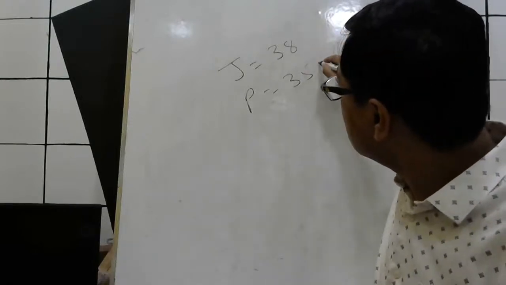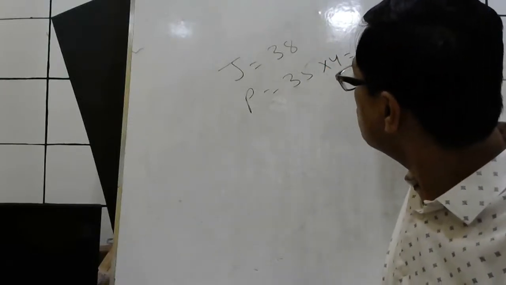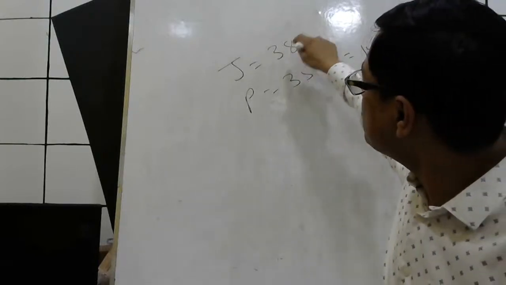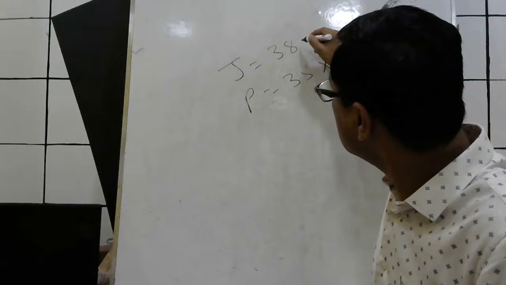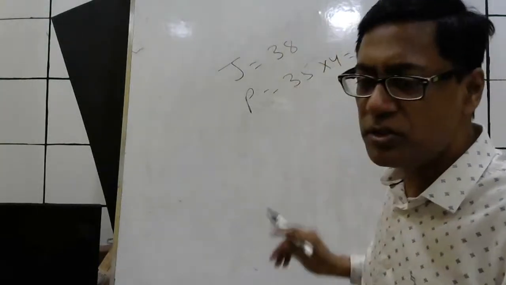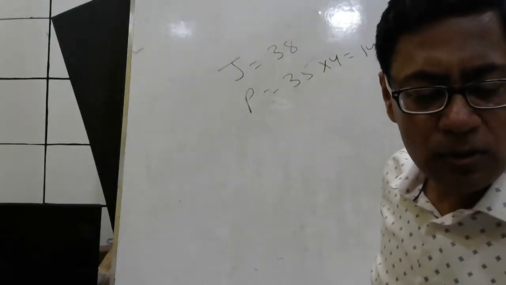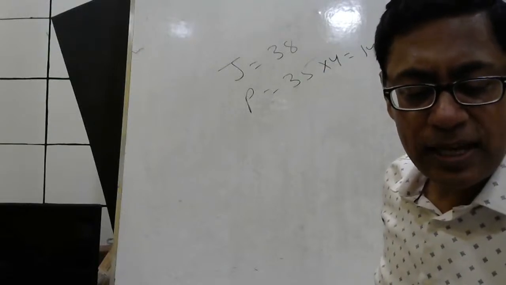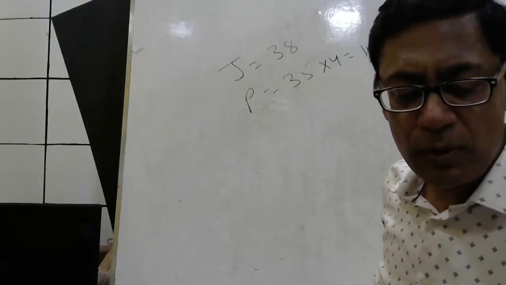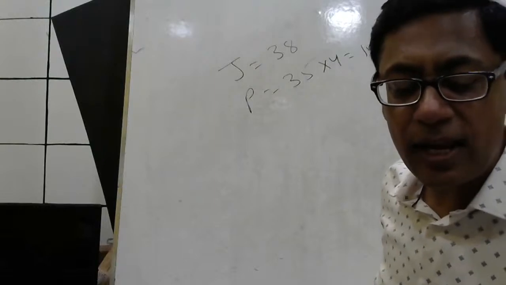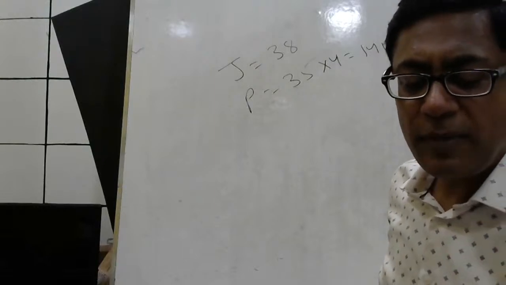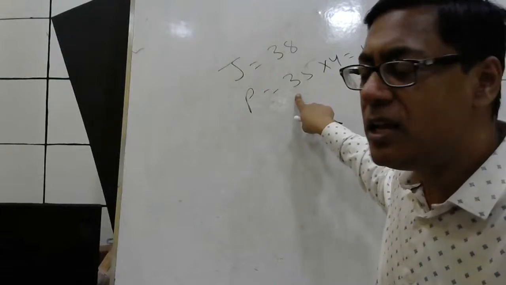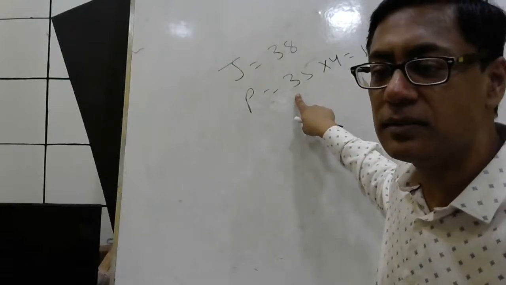So let's understand, 35 into 4 is 140, right? And here, if somebody does 38 correct, because the question is talking about Jenny answering three more questions than Penny but with the same IQ score. Now, what is the maximum number of questions Jenny could have answered correct? So we are imagining that Penny attempted 35 and got all 35 correct.